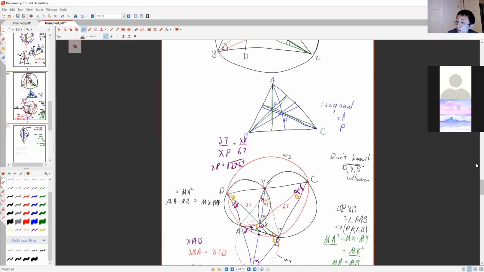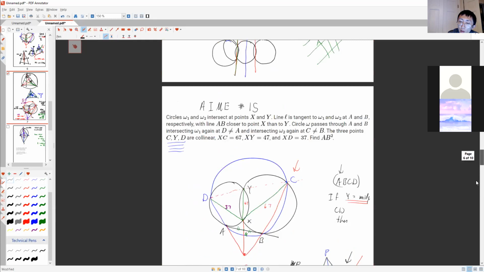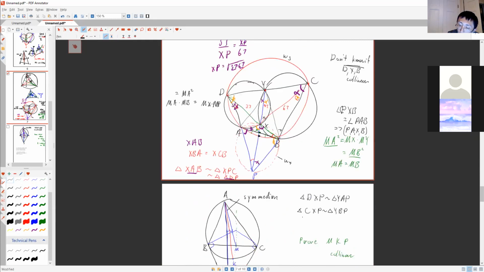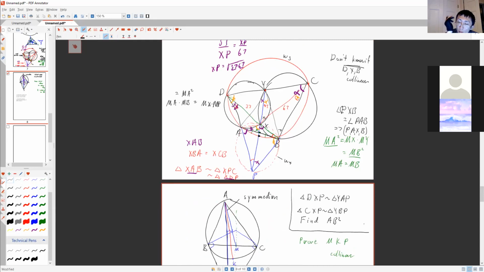Let's just bring down the problem once more. Yeah, find AB squared. AB squared is 4AM squared. Okay, so we just need the power of M with respect to two of the original circles, right?